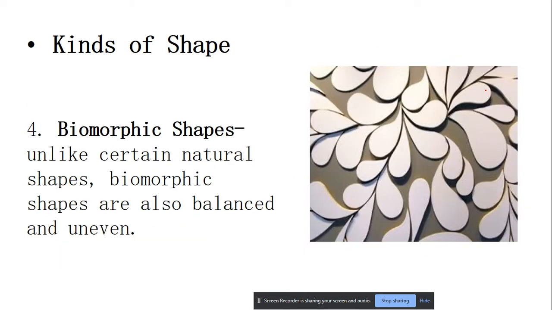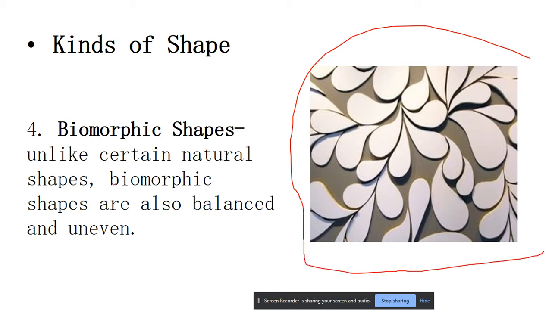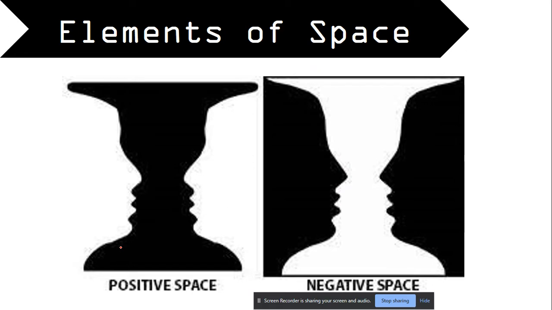And then we have the biomorphic shapes. Unlike certain natural shapes, biomorphic shapes are also balanced and uneven. Just like this one, the biomorphic. Remember, the biomorphic shapes are also balanced and uneven.